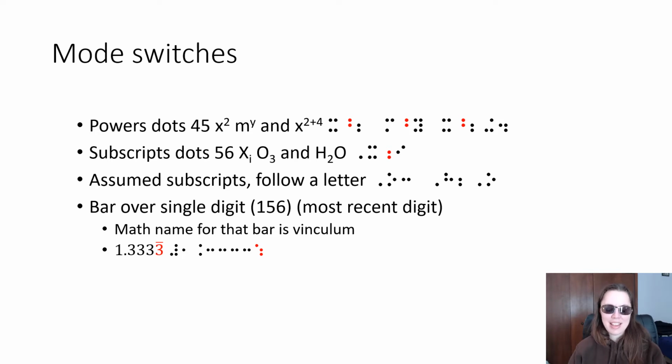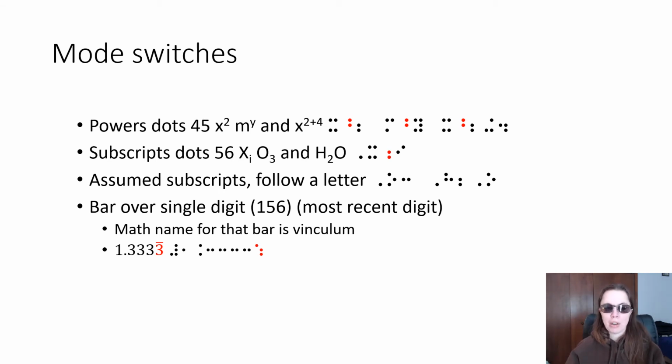The last thing in this family of things to learn is a bar over, or vinculum over, the single digit. This is used in math to repeat the last digit of a repeating number. So something like 1 1/3 would be 1.33333 repeating, and they might put the little bar over the last bit to show that it's repeating.